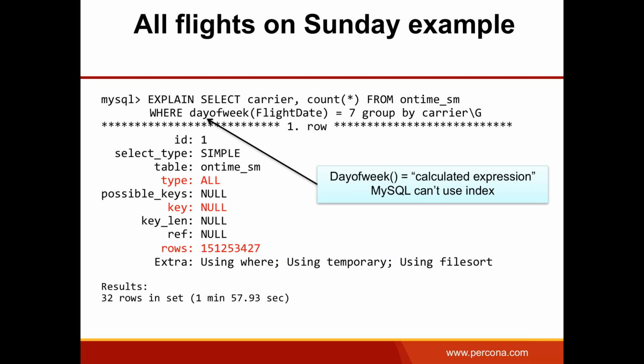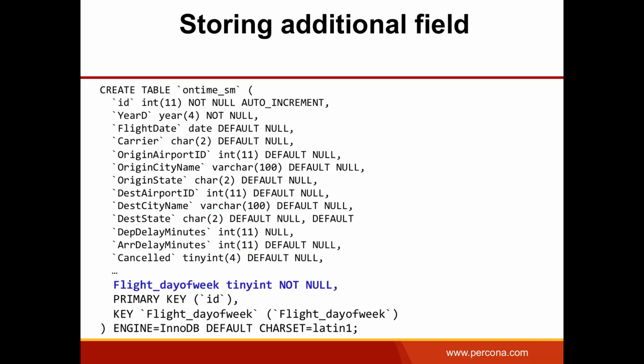The standard solution is to store an additional field. What we do here is we materialize this field, and we store it in addition to our fields in a table. So we add this field, flight day of week, but we also need to maintain it.